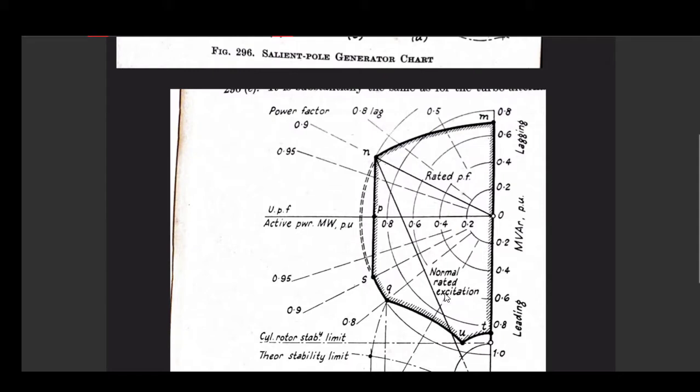Now see what we are getting. The machine is presumed to have a full load rating at a power factor of 0.9. Then this Mn represents the excitation limit. This side is for rotor heating.